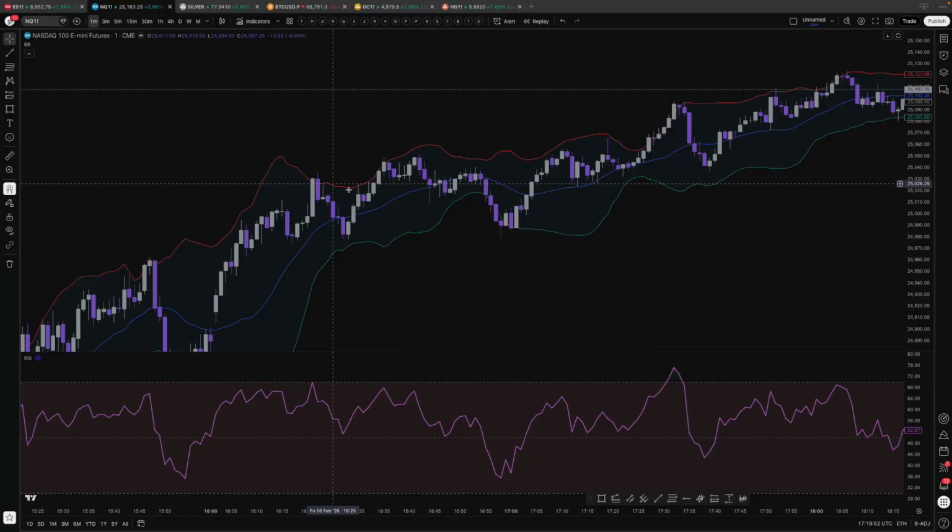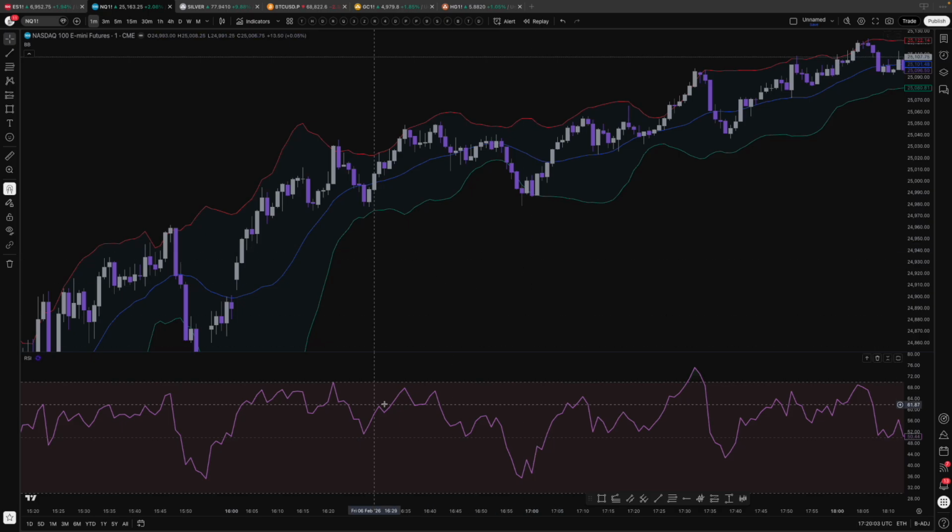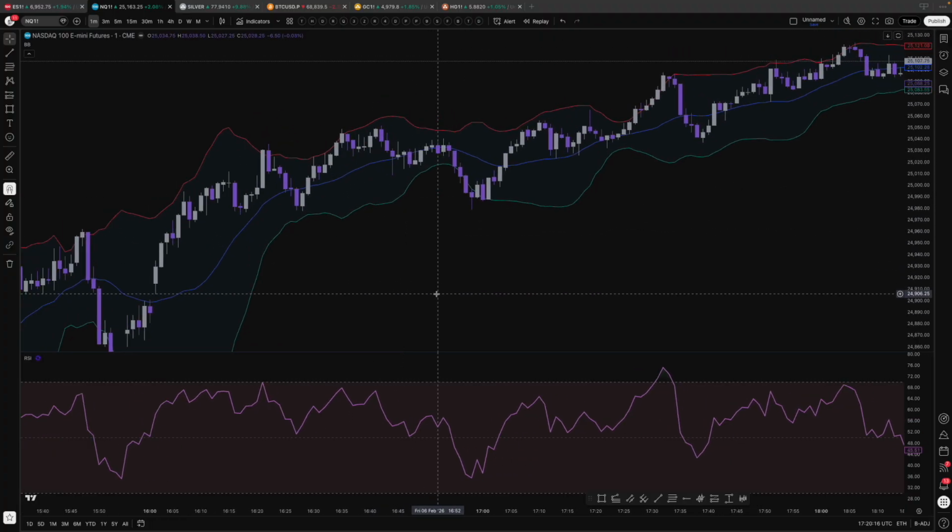Now the Bollinger Bands do have a moving average, but this is more of a volatility indicator, correct? So now we've got momentum, trend, and volatility. You've got all three types pretty much of indicators on your screen just with these two.